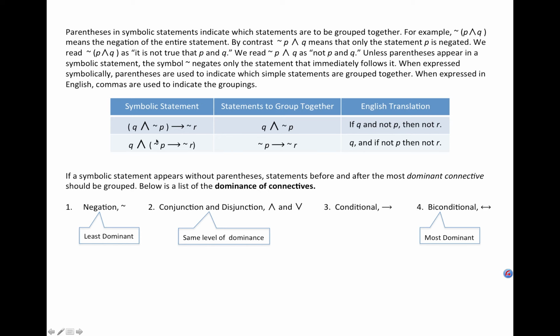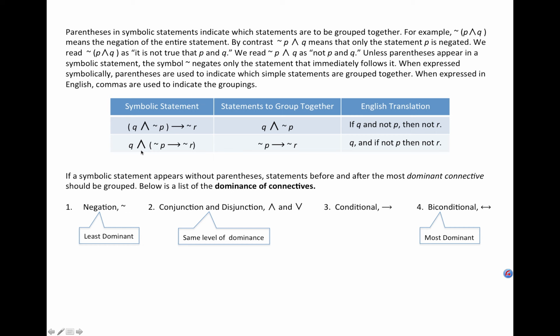In this case, not P implies not R is what gets grouped together, and so the Q is the only thing before the comma, and if not P, then not R on the other side of the comma. The statement in this first row is an if-then conditional statement. The statement in the second row is an and conjunction. Notice that when we translate the symbolic statement into English, the simple statements in parentheses appear on the same side of the comma.